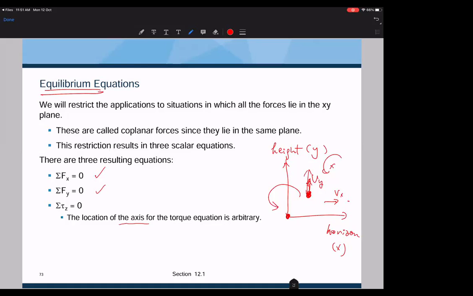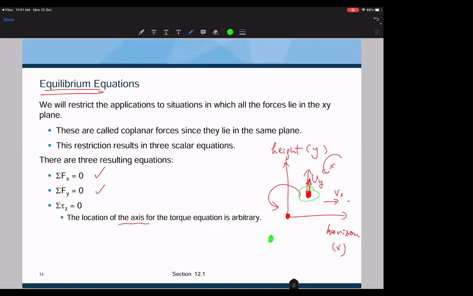Even if you move the origin to a new point, it becomes here, this object is still not moving in the y-axis.